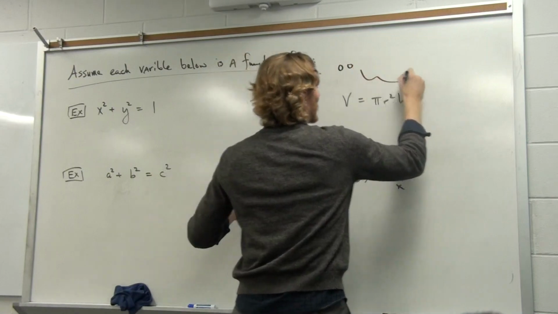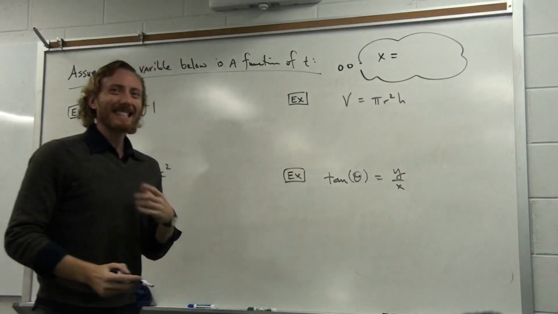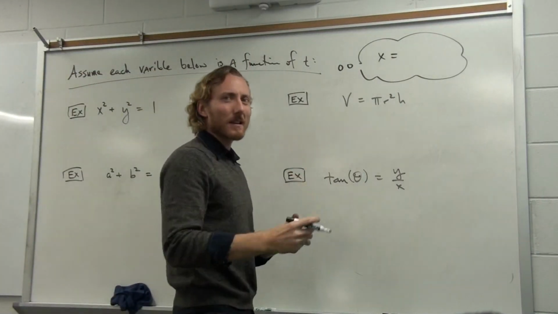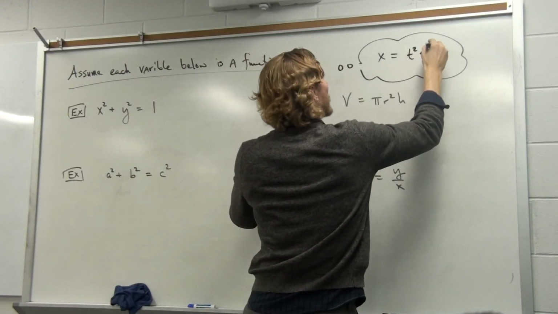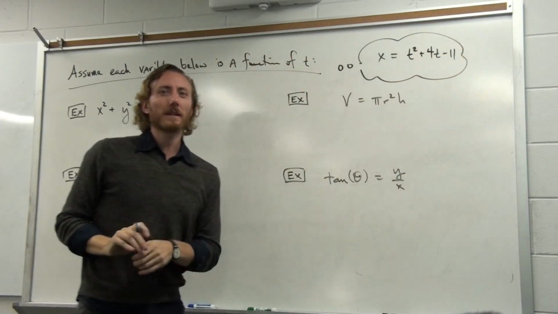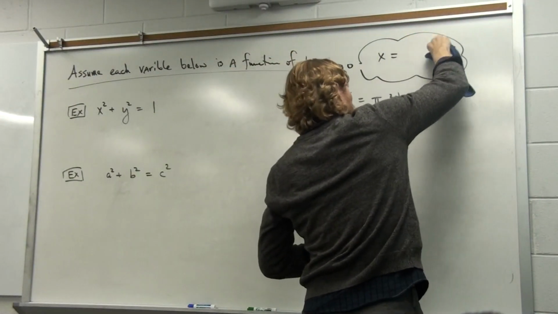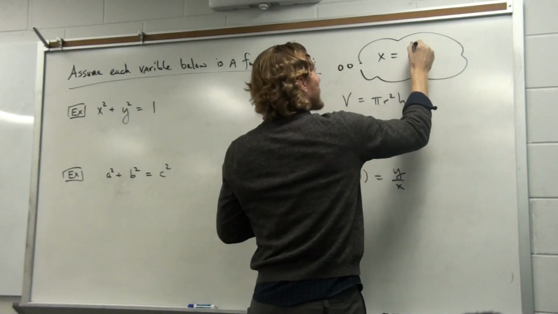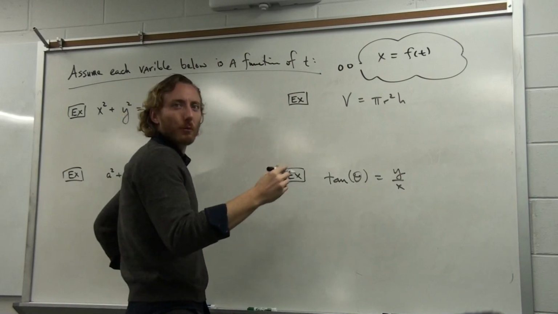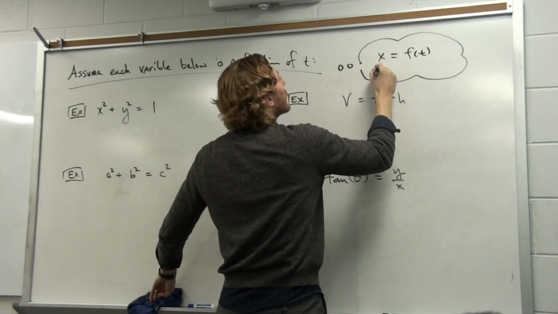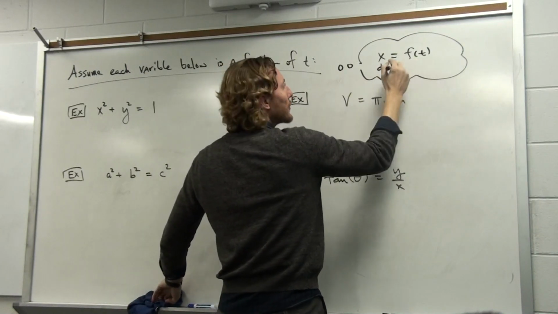And the idea here is then, when you think of your x, it's not just x, but it's some function of time. Whatever function that is, it's just some function of time. But the thought here is, no matter what function of time it is, whenever you take the derivative of the x, you could say dx over dt.